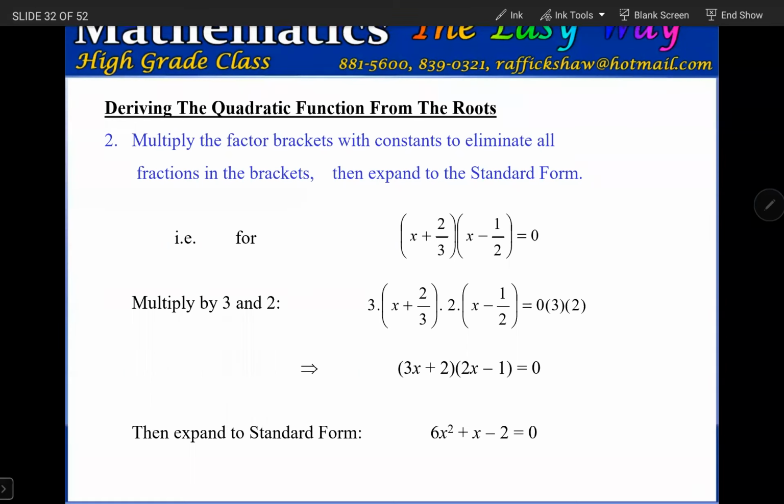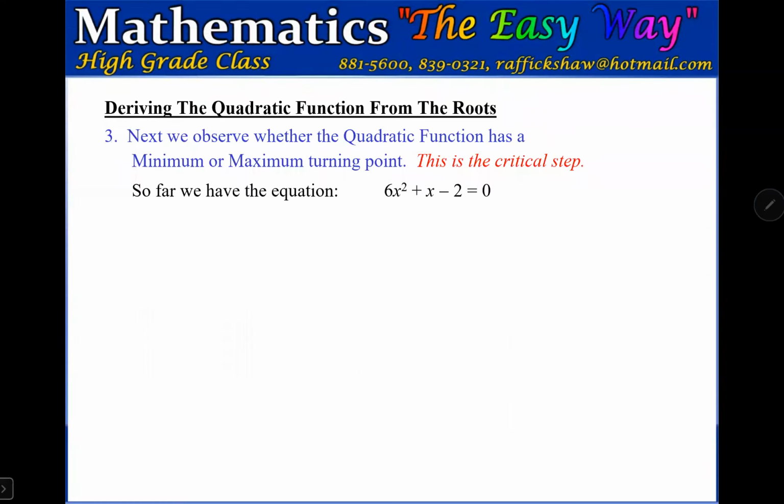All right, so this now is a critical step. Next we observe whether the quadratic function has a maximum or a minimum turning point. This equation that we have in front of us would be for a smile, because the a, the x squared term, is positive. So let's go and look. If our function would be a smile with those two roots, then that would be okay.